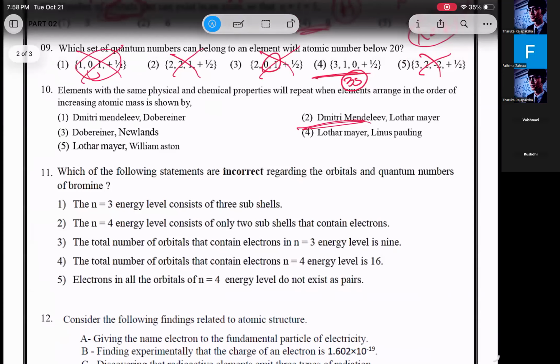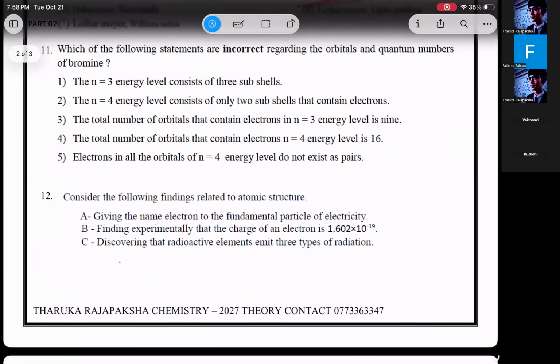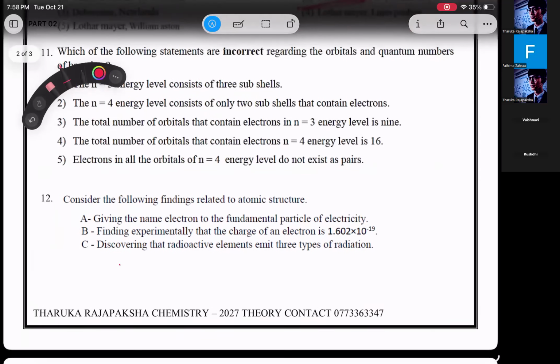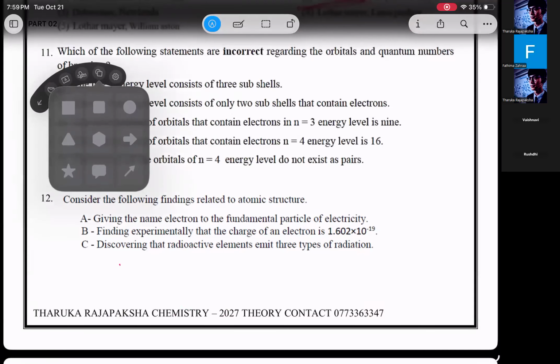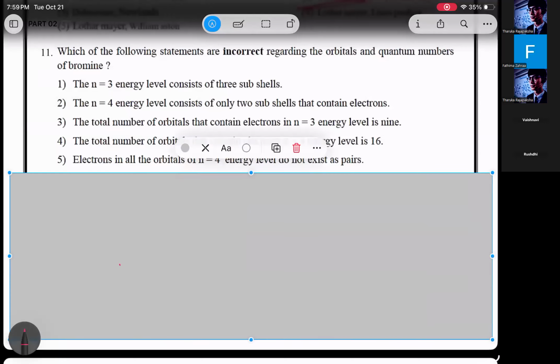11th question. Which of the following statements are incorrect regarding the orbitals and quantum numbers of bromine? Okay, bromine. I have told you to write the electronic configuration of that in the class. Let's write it then.